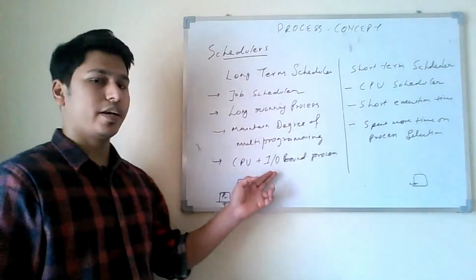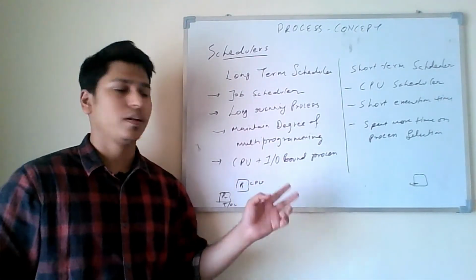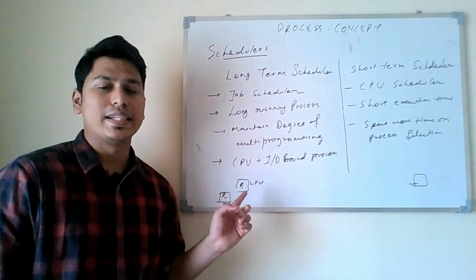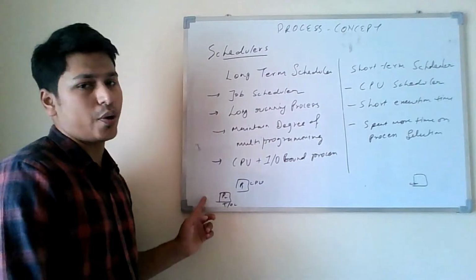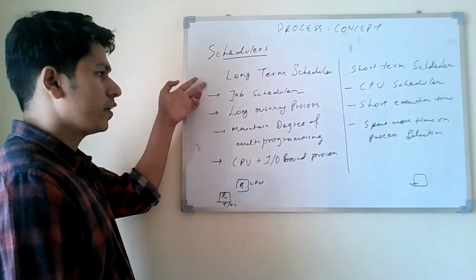This is necessary because we can get into a situation where the resources are not properly engaged, either the CPU or the IO, because the scheduler is invoked less frequently.